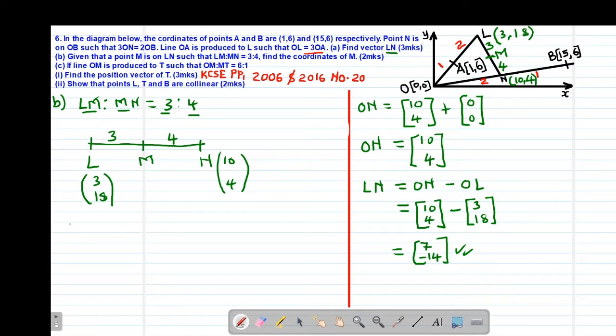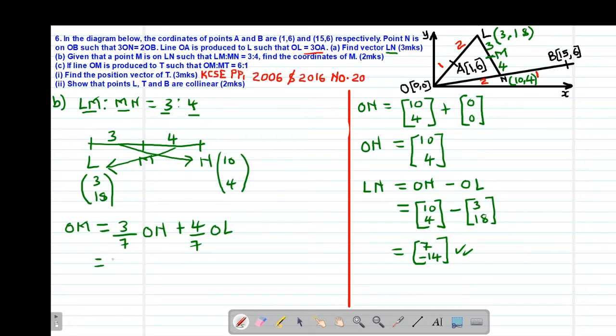So applying the ratio theorem, the coordinate for point M should be equal to the ratio 3 divided by the total ratio, which is 3 plus 4, which is 7. Then I multiply with the opposite coordinate, which is the coordinate for point N, indicated as ON. Then it should be added to 4 divided by the total ratio, which is 7, multiplied with the opposite coordinate, which is simply OL.